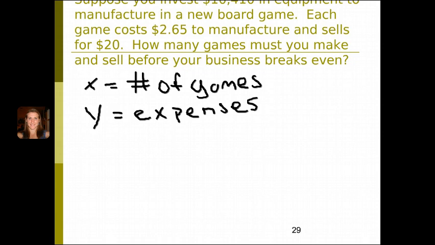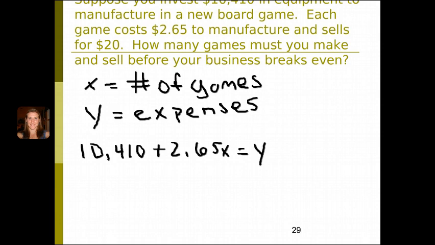One, we know that we've spent $10,410 plus $2.65 for each game that we manufacture. So X being the number of games will equal our expenses. Also, 20 times the number of games, 20 is how much you're selling them for, will give you your expenses as well, how much you're actually making.